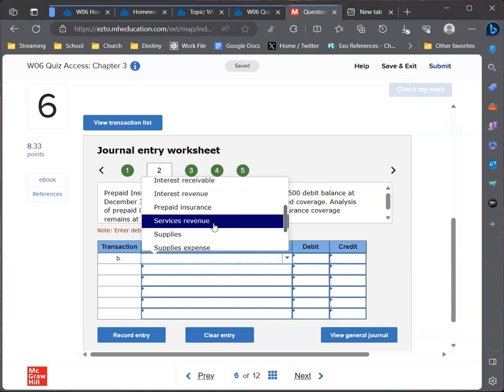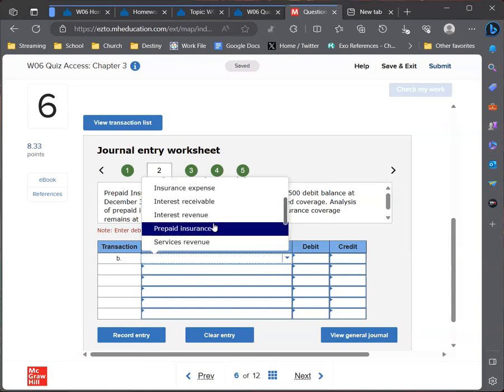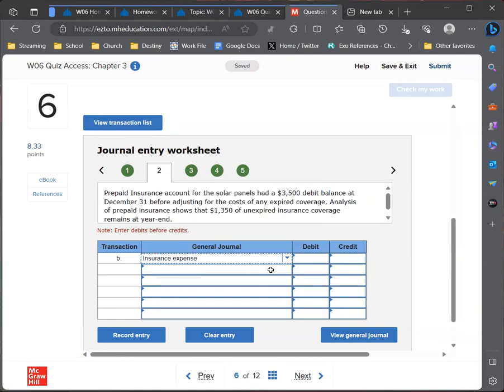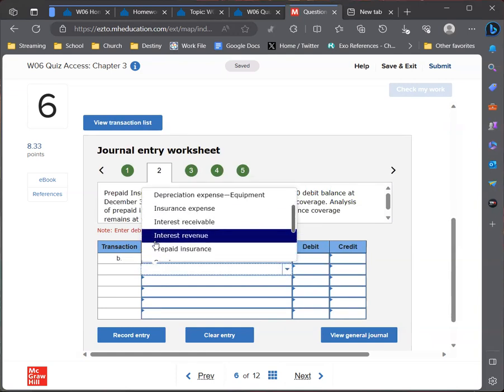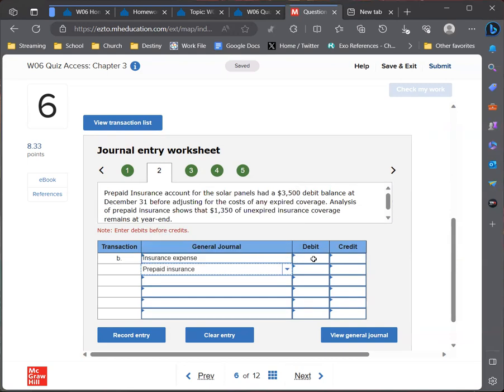So what we want to do is go to insurance expense, and then prepaid insurance. There it is. Since we have these two, what you don't want to do is do this and then this. This right here is wrong.